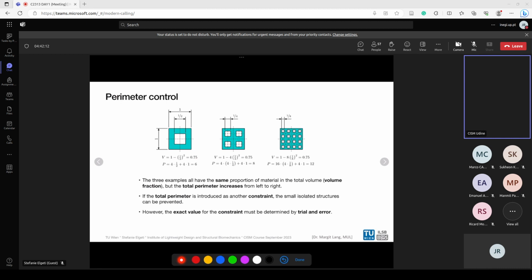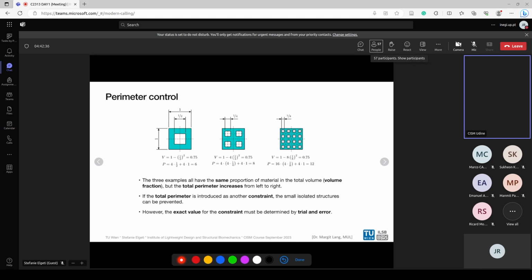And then one measure against such effects is the perimeter control. So all three examples here, all three topologies, have the same proportion of material in the total volume. So the same volume fraction, but the total perimeter increases from left to right.